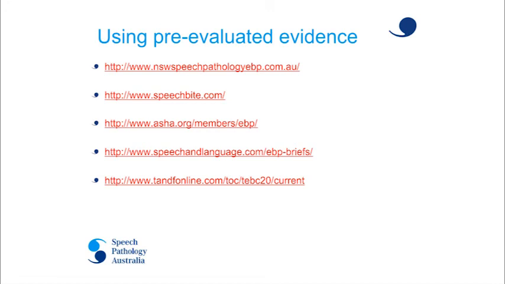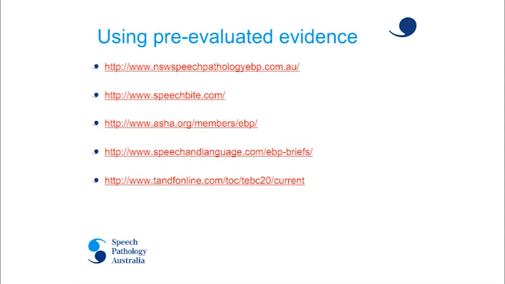Among the information that's freely available on this site are evidence maps, which take you into the evidence for particular areas of practice. There's also a listing of systematic reviews. I encourage you, when you have the time, to spend a good amount of time exploring what's in here, and also bookmark it in your mind as somewhere you can go to look for evidence. EBP briefs also will provide you with some information in particular areas.